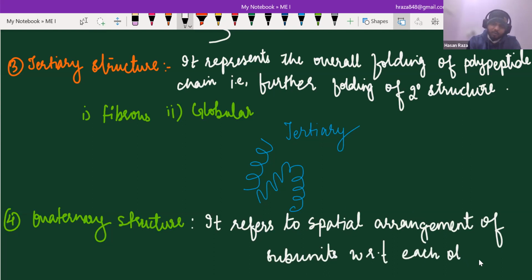So basically you will look at the NCERT, you will get the diagram of that. And then the next topic is denaturation, and then we will go to nucleic acid.